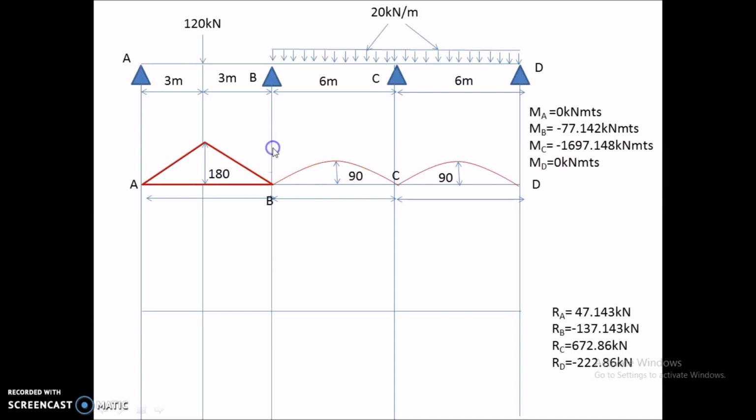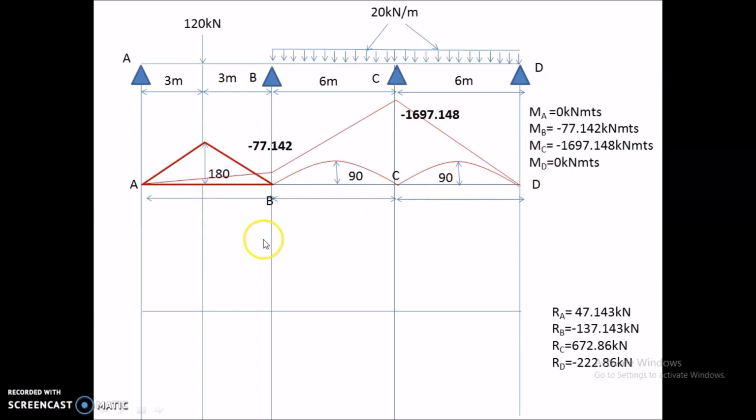So here I marked it and I have joined it with a straight line, and coming to MC, it is minus 1697.148. It will be somewhere here, and I have joined with a straight line, and MD is equal to 0 again. So I have marked it with 0. So this is our bending moment diagram for this continuous beam.